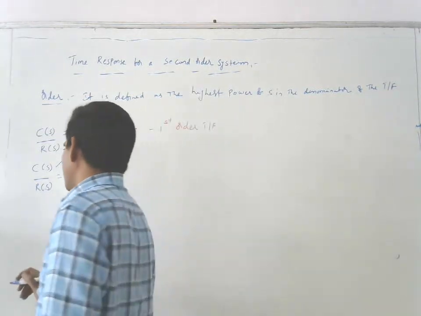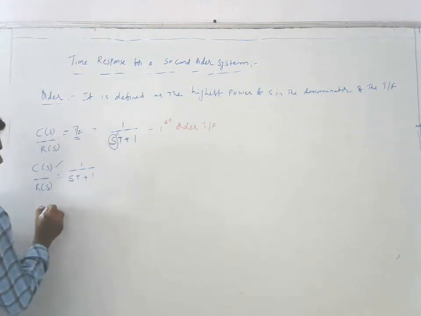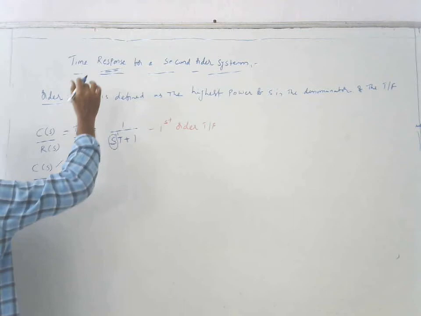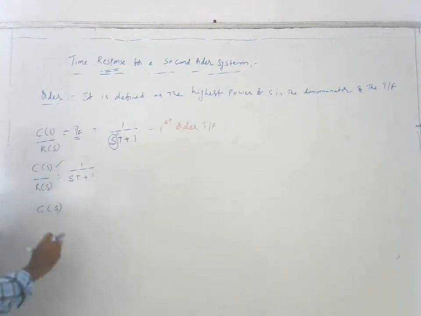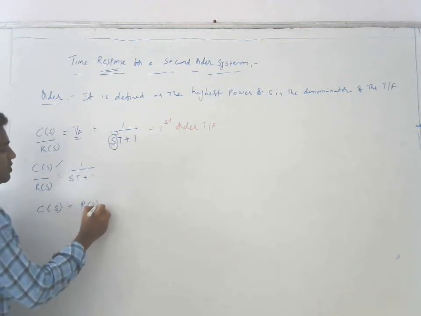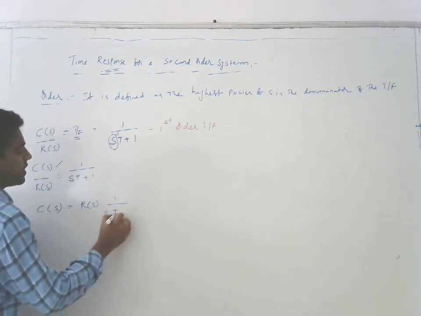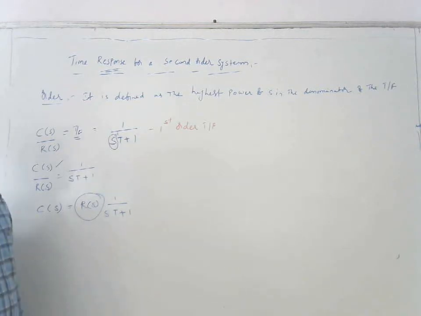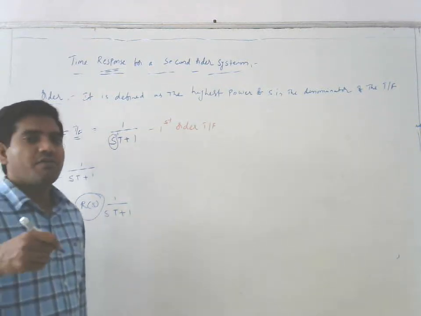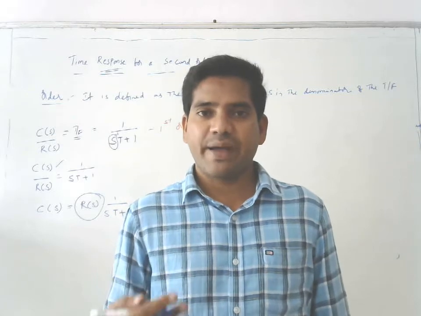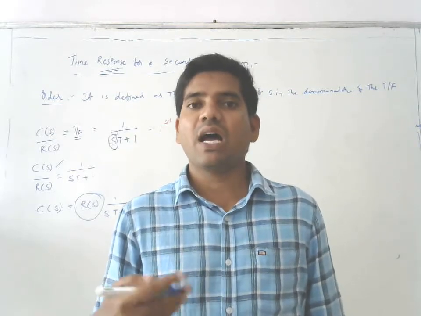The response is the output of the system, C(s) equal to R(s) into 1 by sT plus 1. The reference input will vary with different types of test signals, whether a step, ramp, parabolic, or impulse signal.